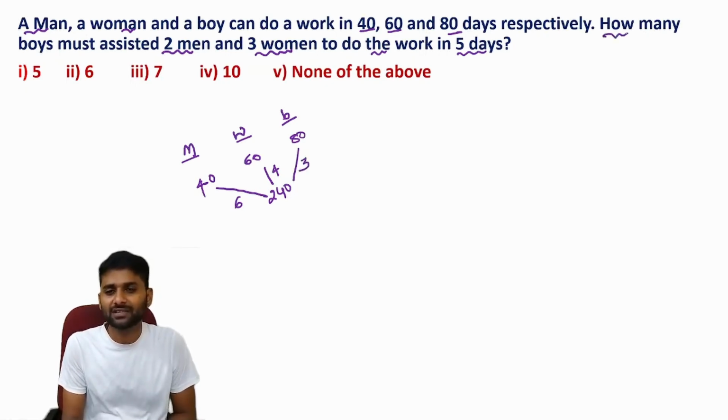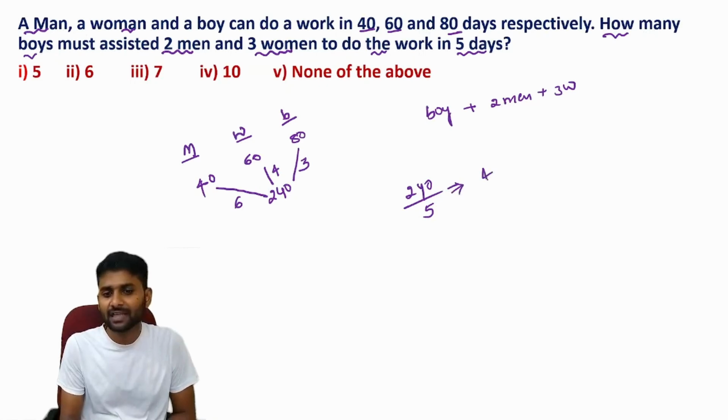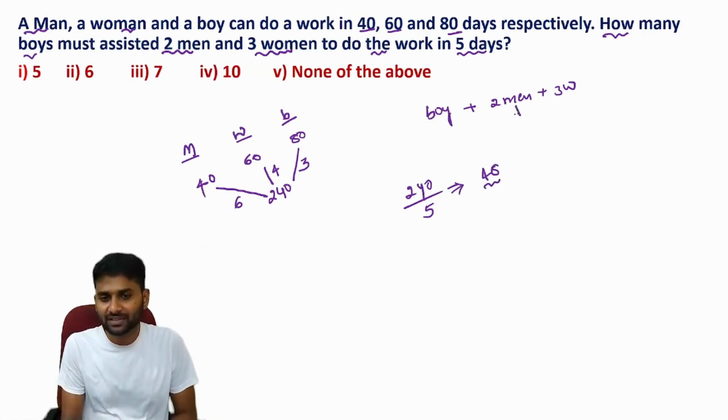They clearly mention how many boys we must add. Boys must assist 2 men and 3 women. And they clearly mention that total work is completed in 5 days. If total work is completed in 5 days, they have to complete 48 units per day. Let's check this case here.